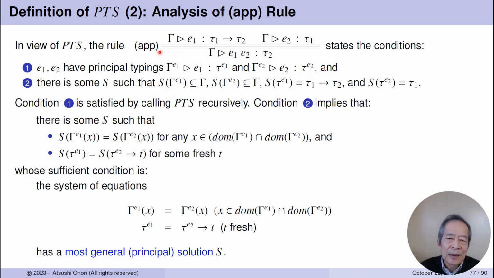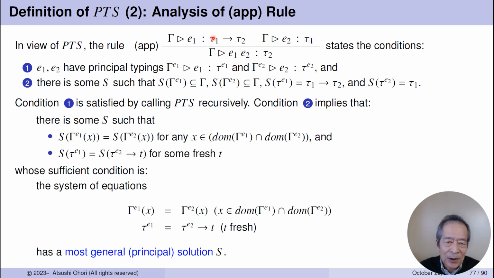And then this application rule has this special shape, that we have two occurrences of the same gamma and two occurrences of tau 1, here and here. This means that this principal typing and this principal typing have, respectively, an instance of this shape and an instance of this shape, sharing this same type environment and this same type tau 1 occurring here and here.